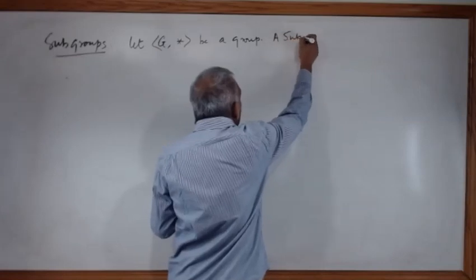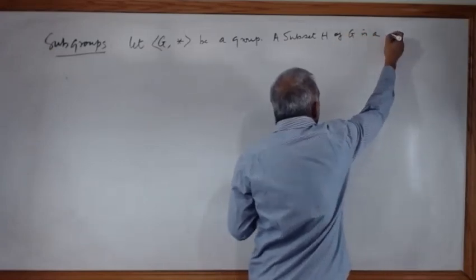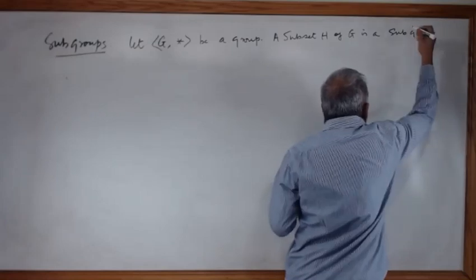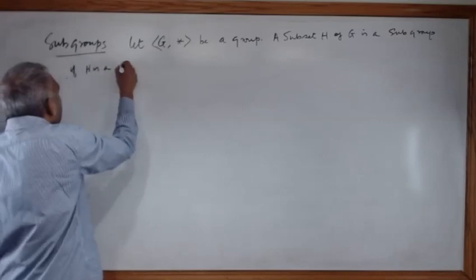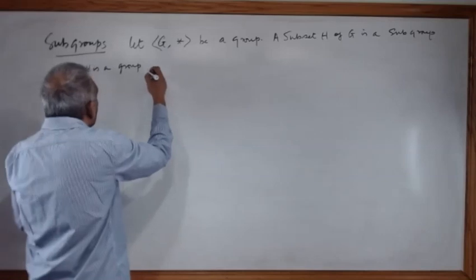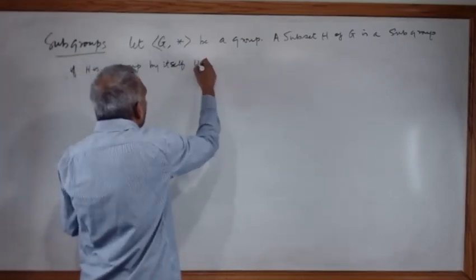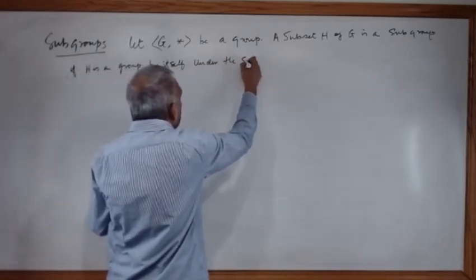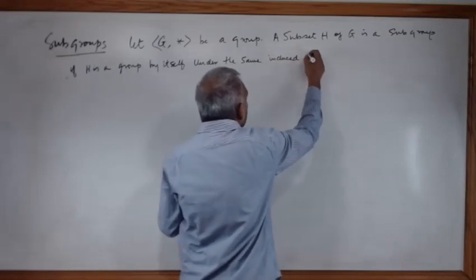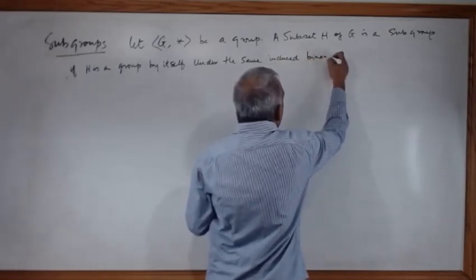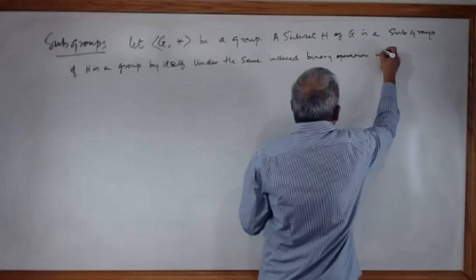A subset H of G is a subgroup if H is a group by itself under the same induced binary operation in G.